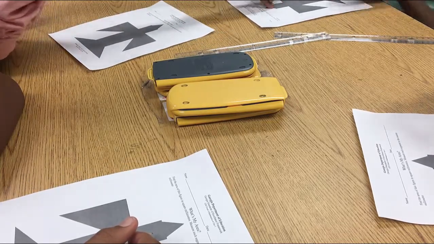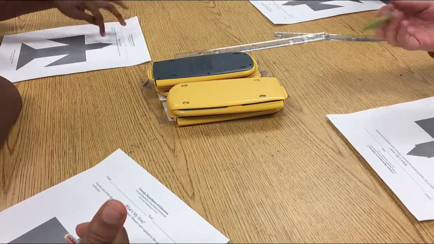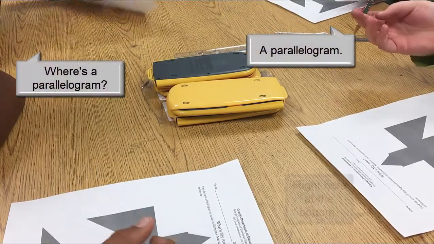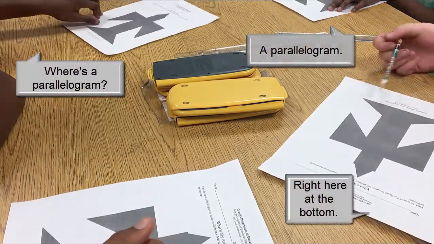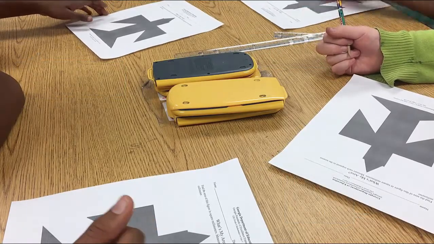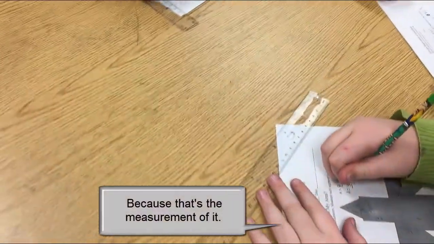I see lots of triangles and rectangles. And parallelogram. What's a parallelogram? Right there at the bottom. Oh, is that a parallelogram? I did not see one. It's a measurement.